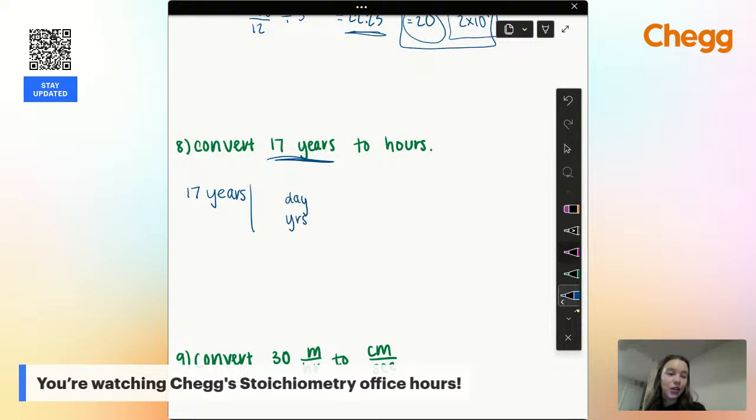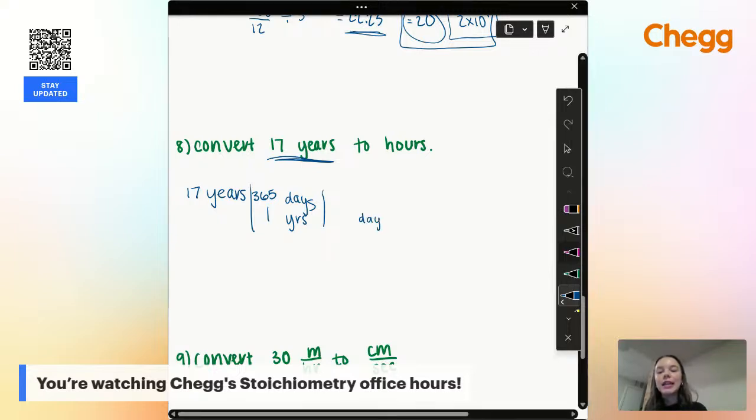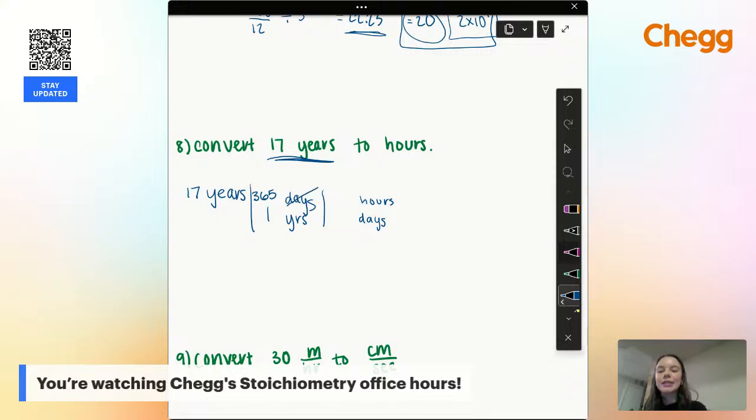If you don't, you can either memorize it or look it up. There are 365 days in 1 year. Then we know a conversion from days to hours. So we put days on the bottom and hours on the top. We put days on the bottom because we want to cancel out what's on top. That's the same reason we put years on the bottom, to cancel out what's on top.